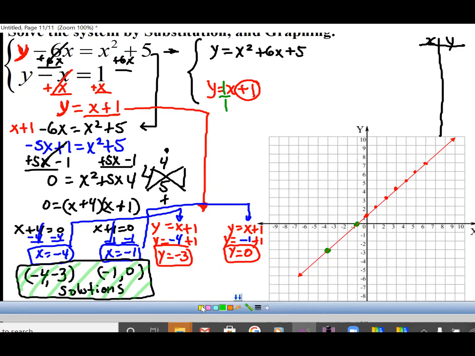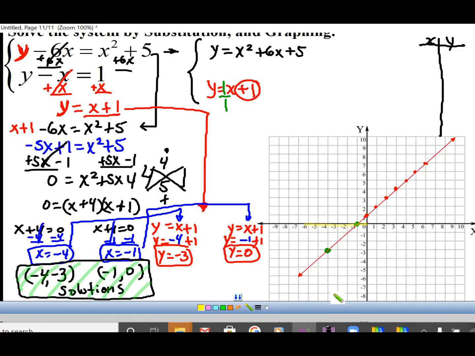Some of you are looking at me like, what are you talking about? Here's 0 of x. Here's this solution according to us. And here's the other solution. So which values would we use? Any values from this side. So instead of using -2, -1, 0, 1, and 2, I'm going to move it over this way. And I can start at -5, or I can start at -6. Where do you want to start? At -5 to 0 or -6 to 0? What do you guys want to do?